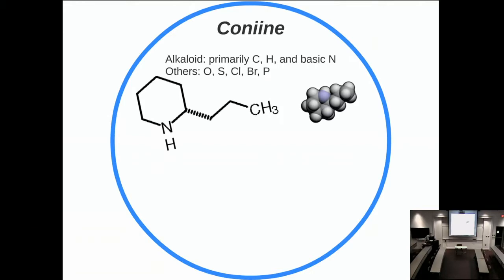Now here is a 3-dimensional. The blue ball shows the nitrogen, so this is a little bit better representation. This is what we would call the space filling model. So the LD50 for this compound, as far as when it's been applied to a mouse, you guys can see that we have this R-coniine and S+ coniine. What does that mean?